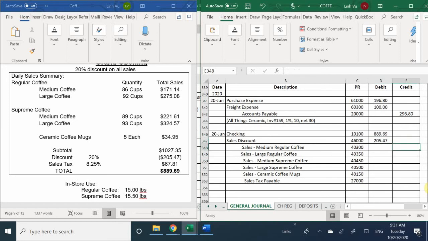All right, and my sales for medium regular coffee, 17114. 27508. 23161. 32457. 3495.